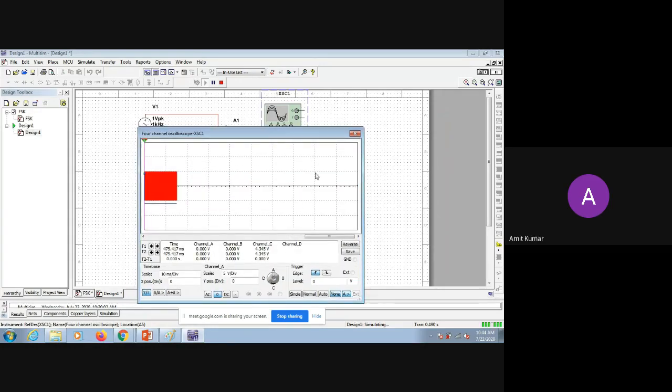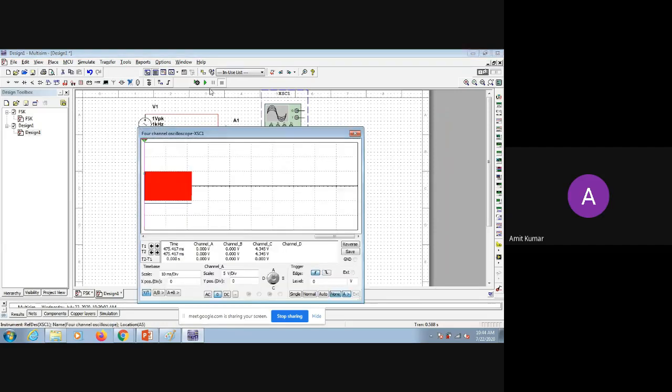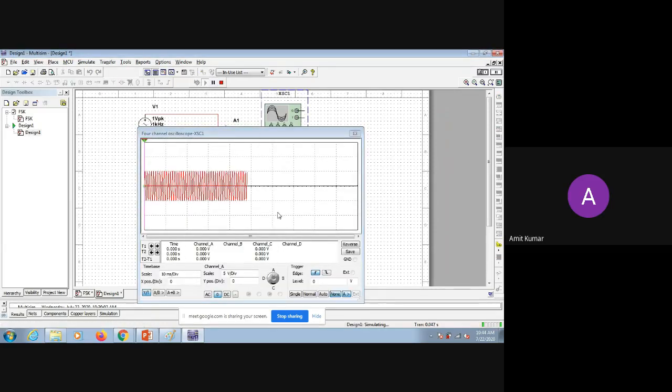I will just place the digital signal so you can see what is happening. Instead of measuring these two outputs, I will remove these two. Instead of measuring, I will take the digital data at the input side, and I will change the digital data net color.